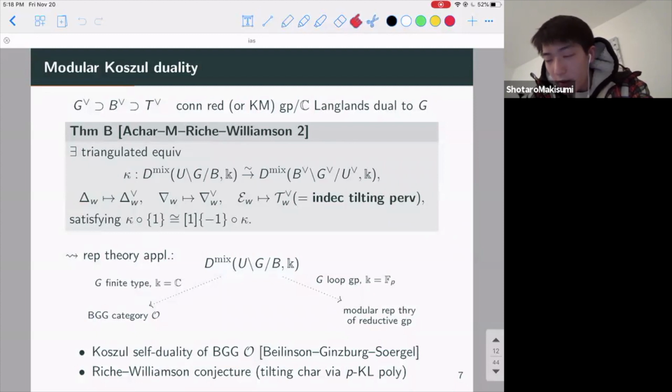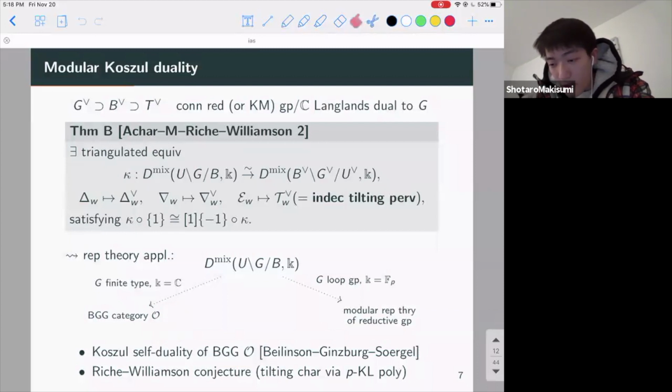And I think that this is really a pretty fundamental phenomenon in Lie theory. And for example, if you take G to be finite type and k to be the complex numbers, then, well, after composing this with Ringel duality, this recovers the celebrated Koszul self-duality of BGG category O, due to Soergel and Beilinson-Ginzburg-Soergel.